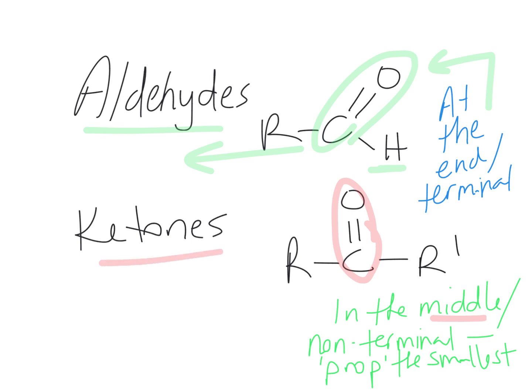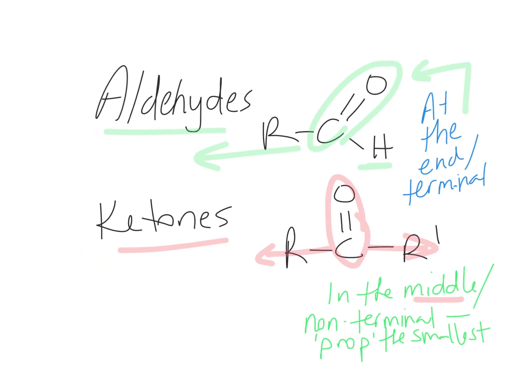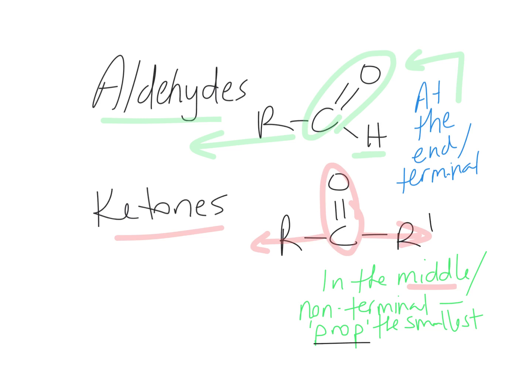You'll have a carbon chain going that way and a carbon chain going that way. In other words, it's non-terminal. And what this also means is that the smallest possible ketone you can have is propanone. It's going to be at least a 3-carbon ketone. That's the smallest.